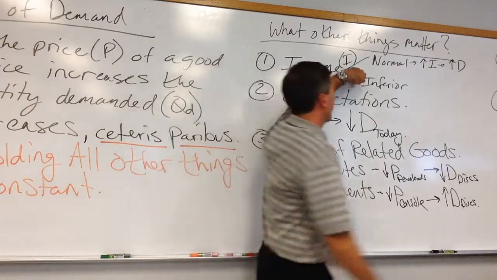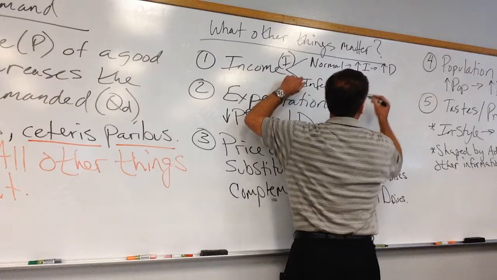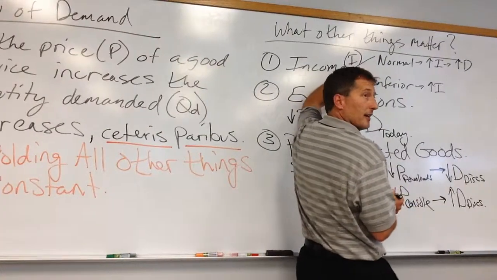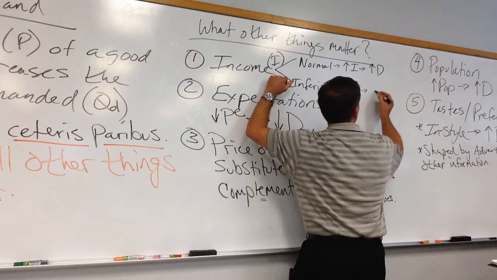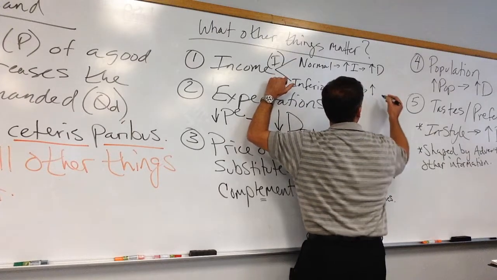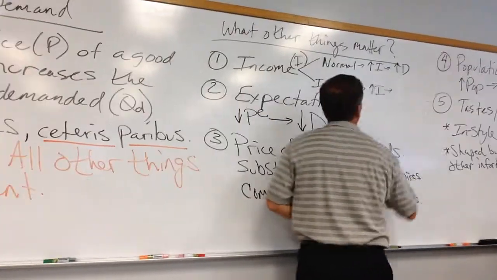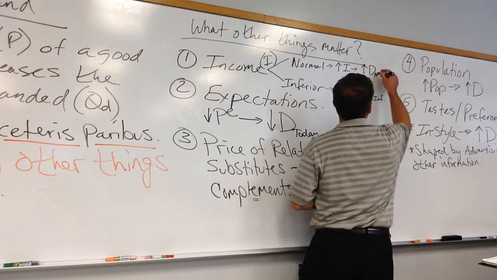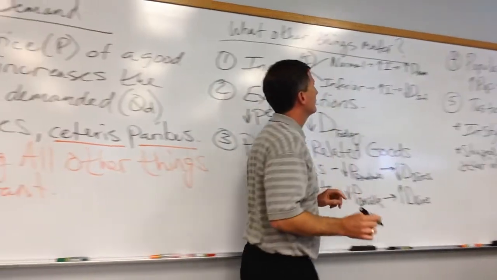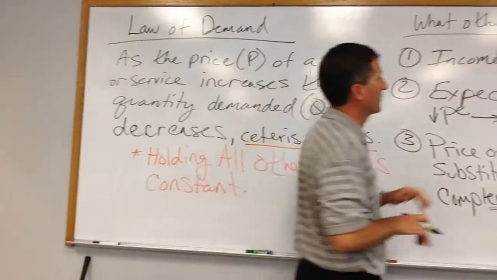With an inferior good, like maybe ramen noodles or hot dogs, you start shifting into steaks and better cuts of meat, maybe less macaroni and cheese, right? So as your income goes up, that leads to a decrease in the demand for inferior goods. All right, so those are our two cases for income.